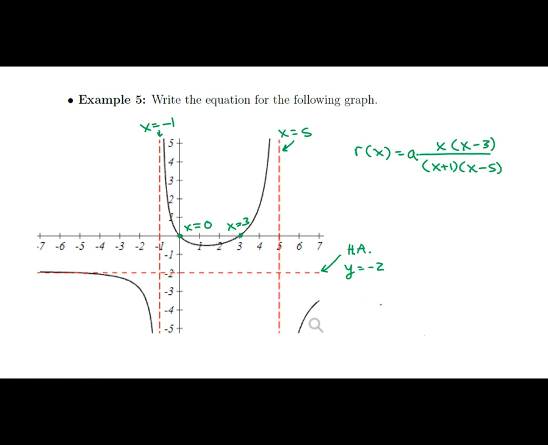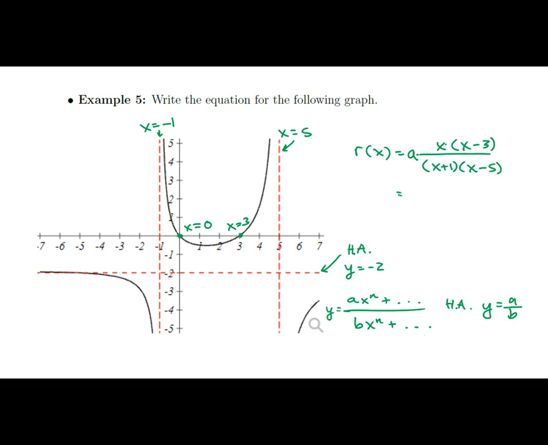Now remember, in general, you're going to have horizontal asymptotes at things other than 0 when you have a function that looks like this, where the degree of the top and bottom are the same. And when that happens, your horizontal asymptote is always y equals a over b. So just the coefficients in front of the highest degree terms.